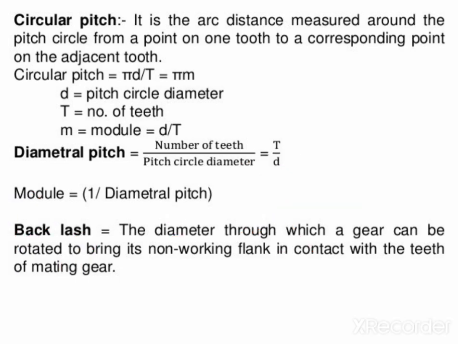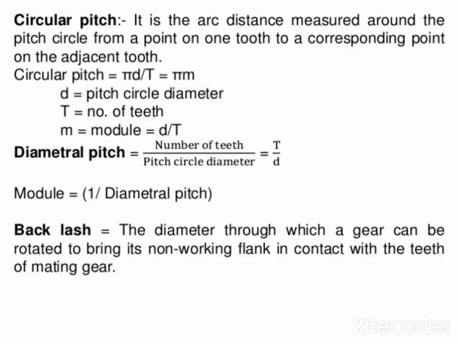And this module m is 1 upon the diametric pitch. What is module m? It is the linear distance in mm that each tooth of the gear would occupy if there were space along the pitch diameter. It is the reciprocal of diametric pitch.